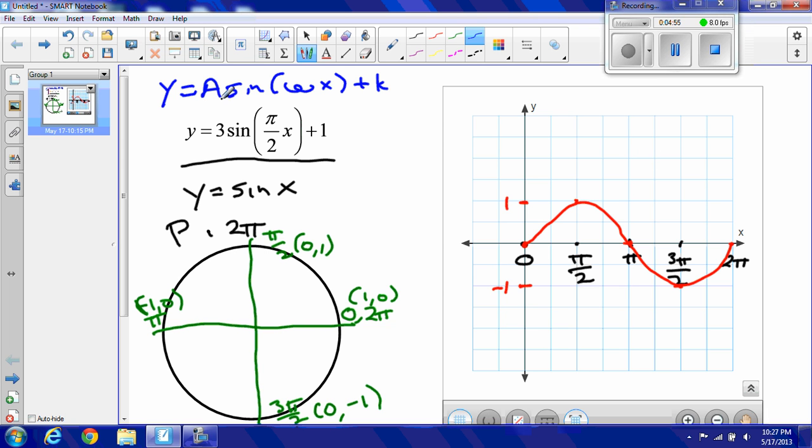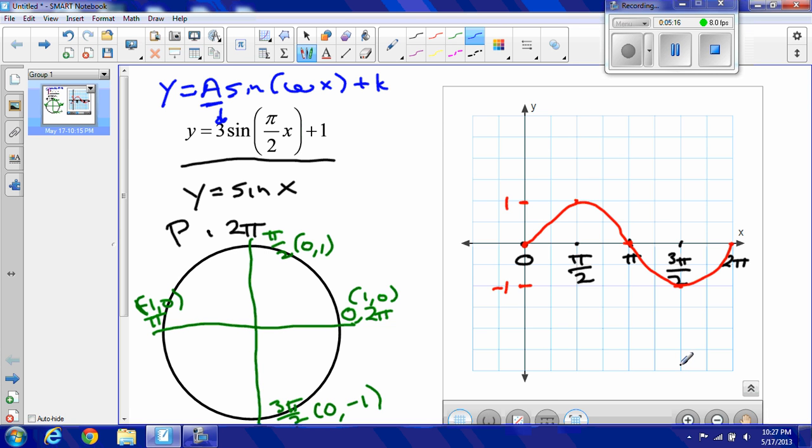My a stands for my amplitude, and that is right here. My amplitude is 3, which means that my sine function, instead of going as high as 1 and as low as -1, will go as high as 3 and -3.